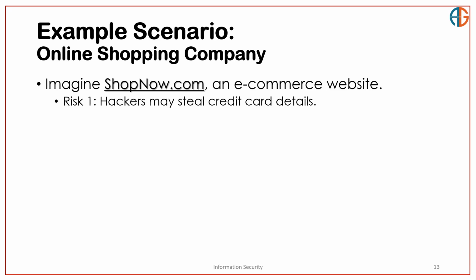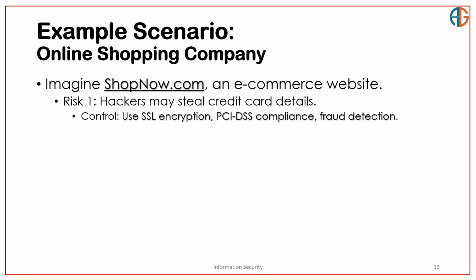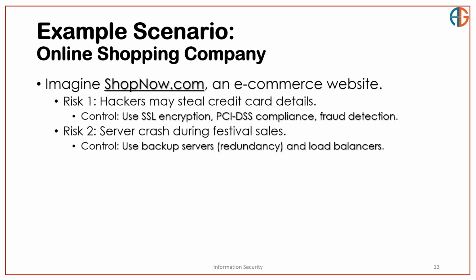The control we can give is SSL encryption and fraud detection, technological controls. The second risk is that during festival sales the server may crash. Here you can use backup servers as well as load balancers in the network.